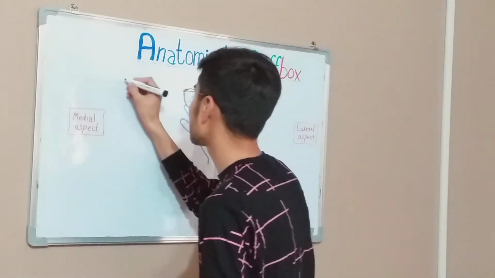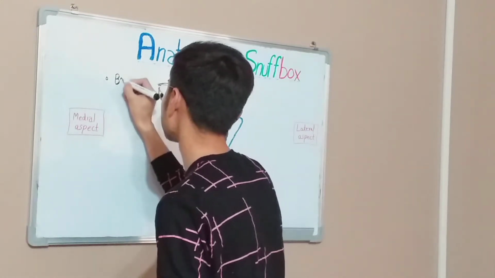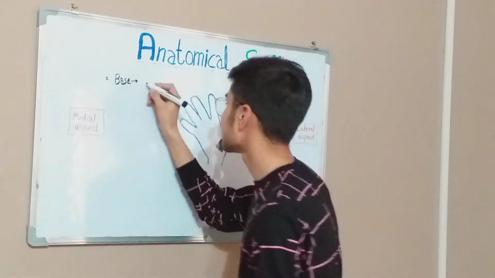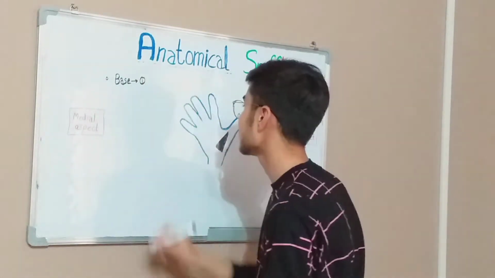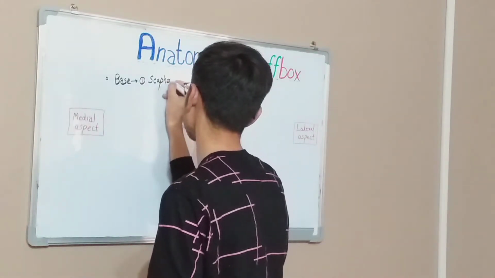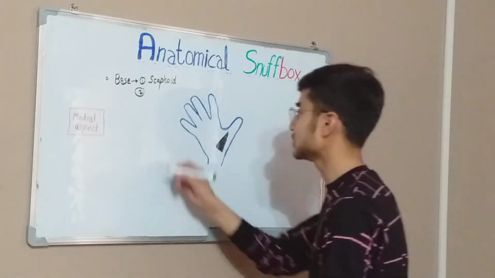So the base is formed by three bones. Number one, we have the scaphoid. The second one, we have the trapezium.